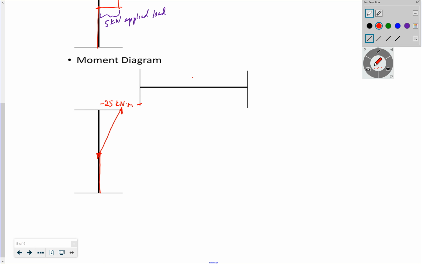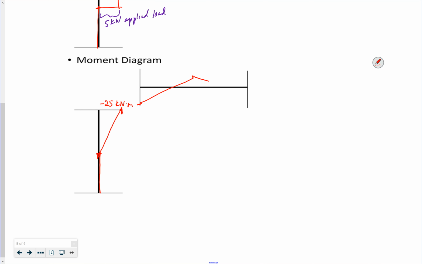Where's the middle? Right about there. And it goes down to 0 because it's a pin. Negative 25 kilonewton meters. Positive 12.5 kilonewton meters.